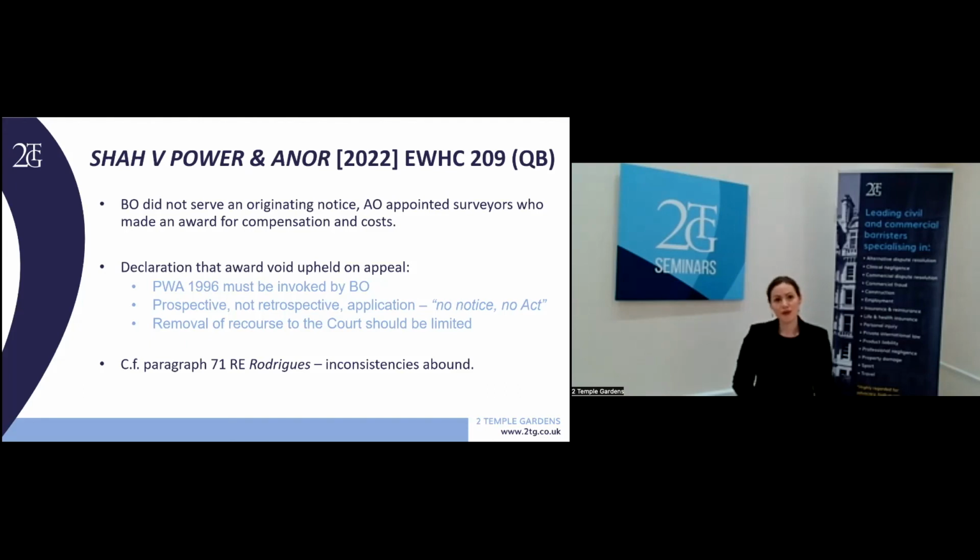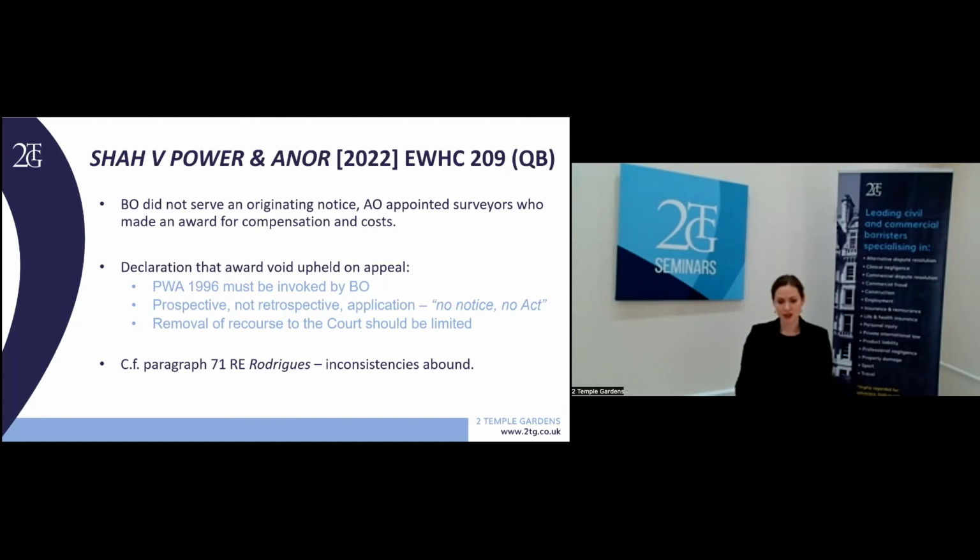Now, in my view, these reasons make a great deal of sense and entirely justify the court's decision to uphold the declaration of invalidity. However, they do appear to contradict an obiter comment made by Mr. Justice Eyre regarding Rodriguez.